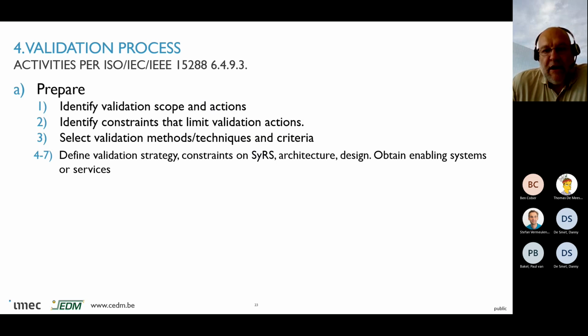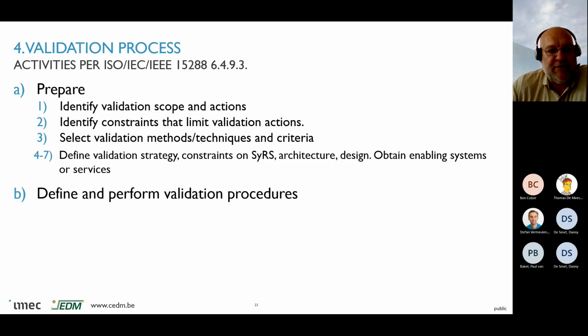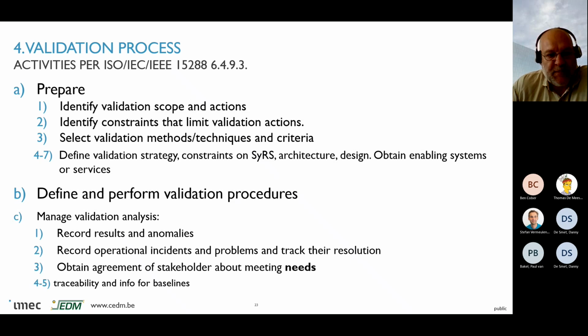The activities are actually the same as the verification activities. You find the same wording in the standards by just replacing the verification by the validation part. But the difference is that we check against the needs and not against the requirements.